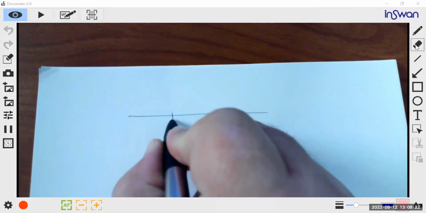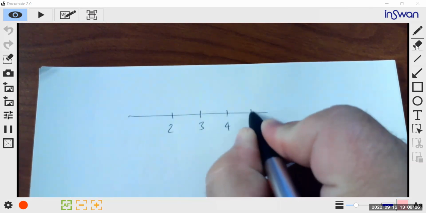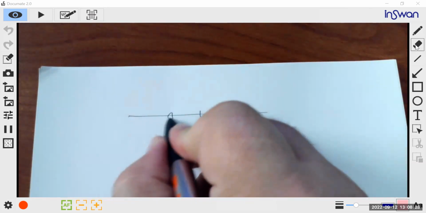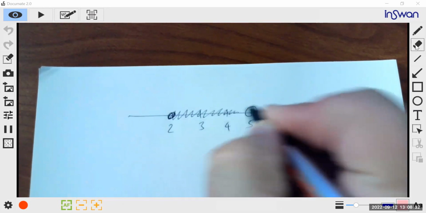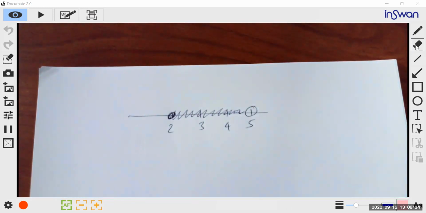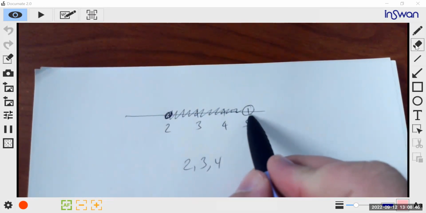If I had a number line, tell me all the numbers I can use. 2, 3, 4. I can't use 5 because it's open.